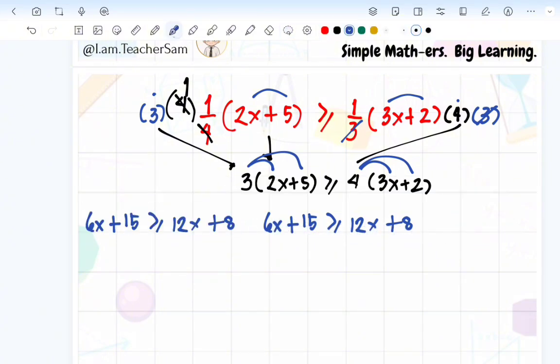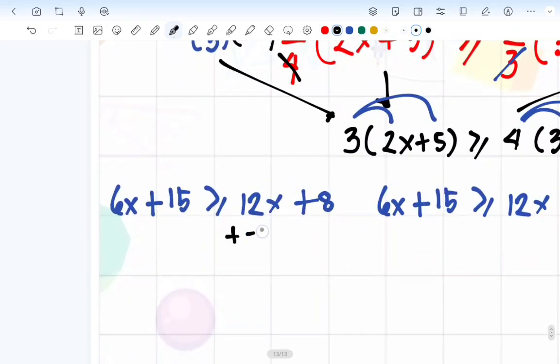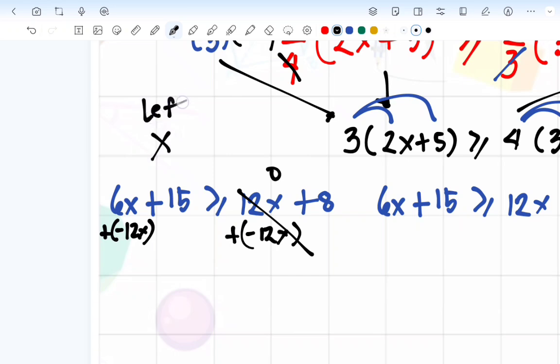So we are going to add here negative 12x so that this will become 0. Again, the same here. We're going to do it on the other side. Add it with negative 12x because our goal here is to put our x on the left side of the equation. We don't mind if it is a positive or a negative x.